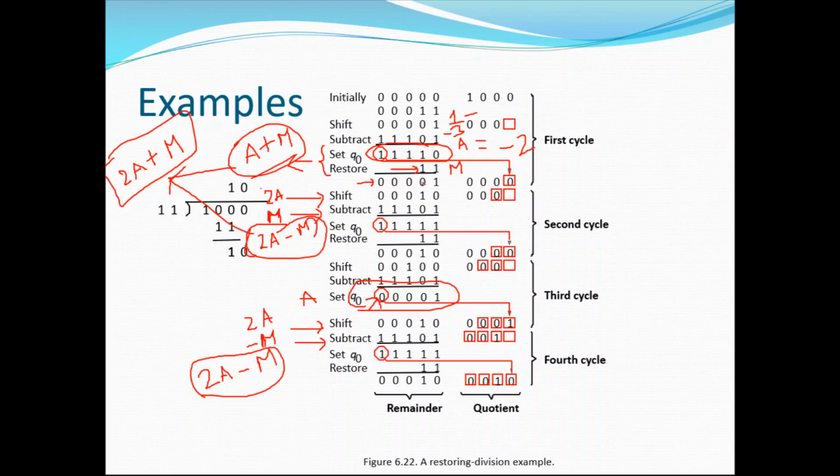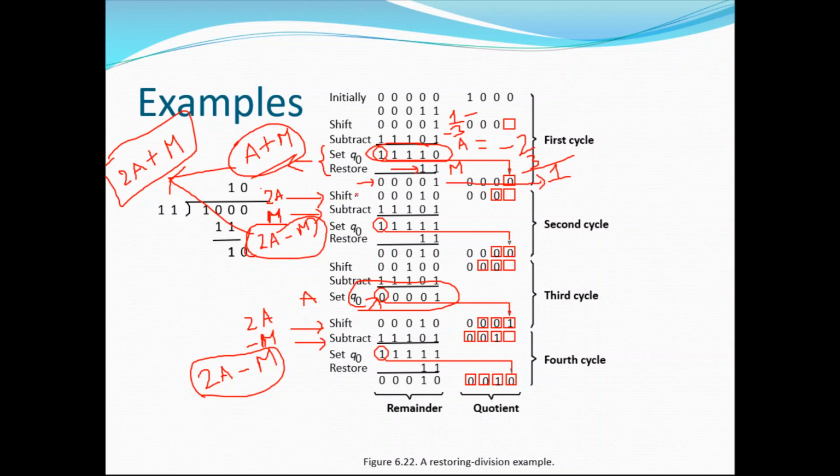Now you are adding minus 2 plus m. M is 3. So when you add minus 2 plus m, what happens? Minus 2 plus 3 is 1. So at this step you got 1.